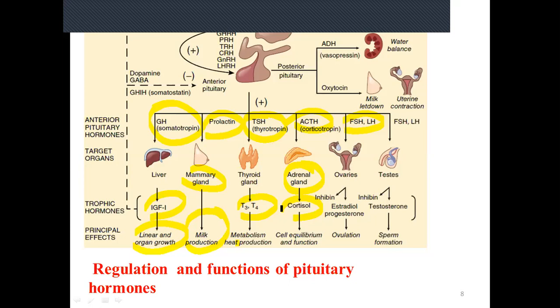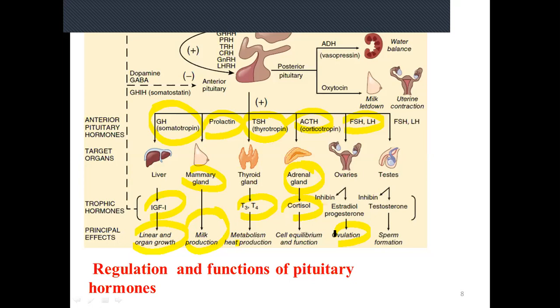Remember, even ovulation and maturation of the secondary sexual characteristics of the female and the male usually depend on follicle stimulating hormone and luteinizing hormone. They activate the ovary, and they are important for ovulation. Without this, ovulation will not happen.